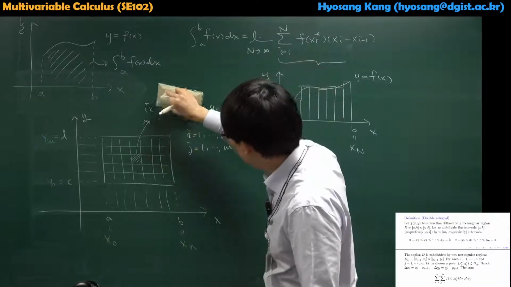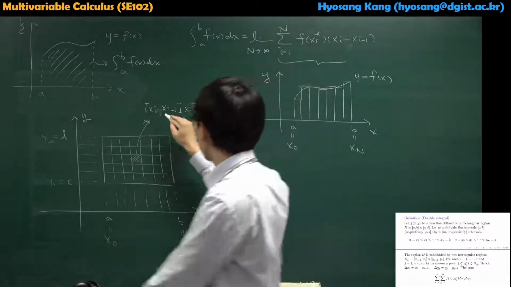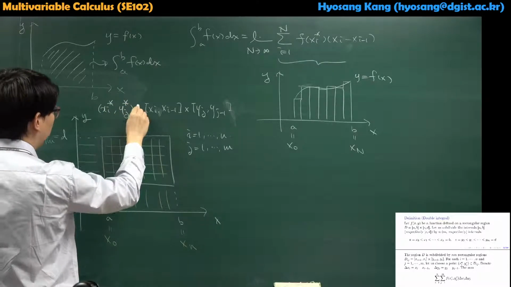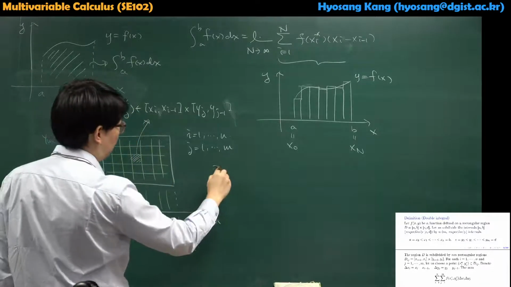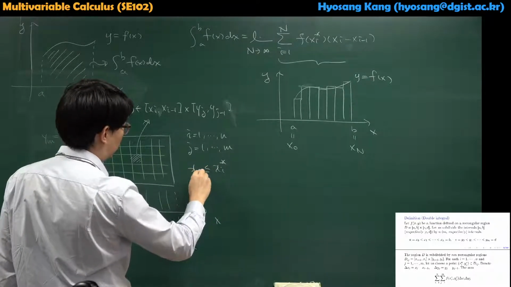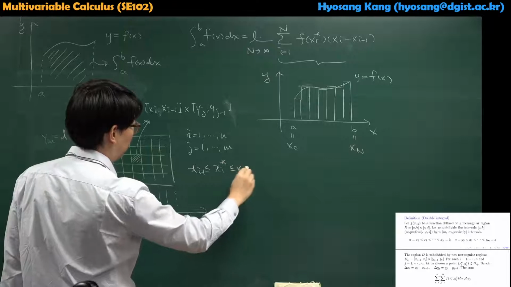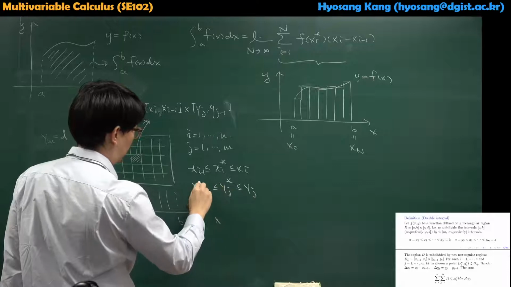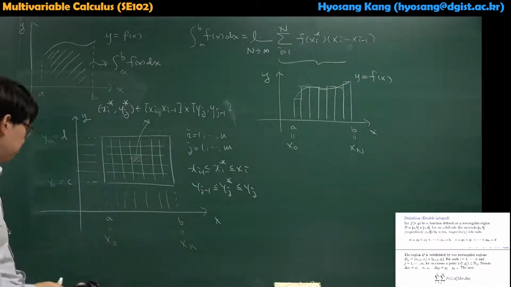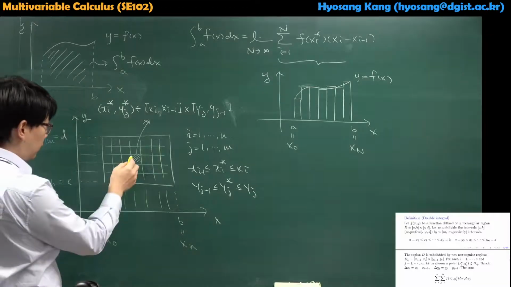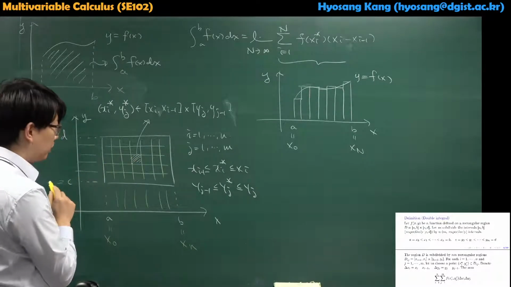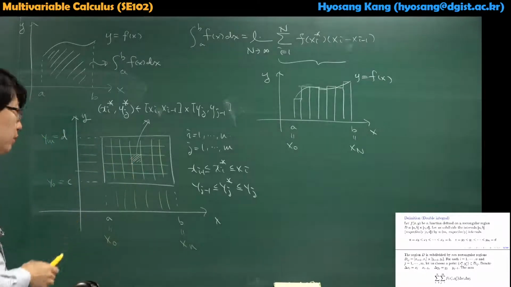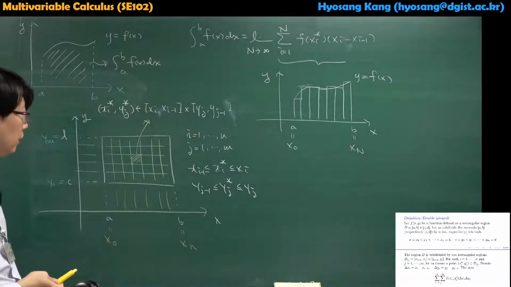I just take (xi star, yj star) inside of this region. In other words, xi star lies in between x_{i-1} and x_i, and yj star lies in between y_{j-1} and y_j. You can simply take that point as the left bottom corner or top right corner or anywhere else on the boundary, or you can take a middle point, it doesn't matter.